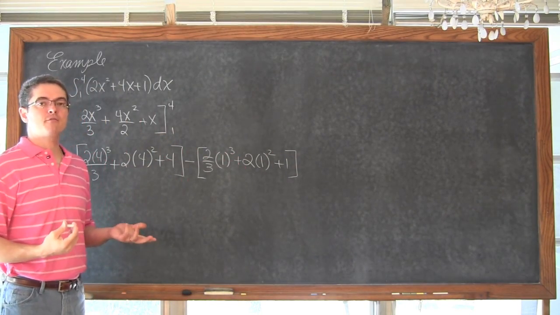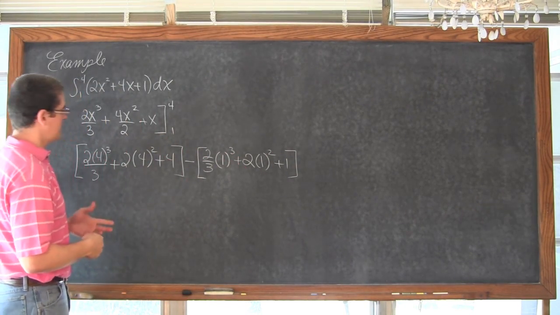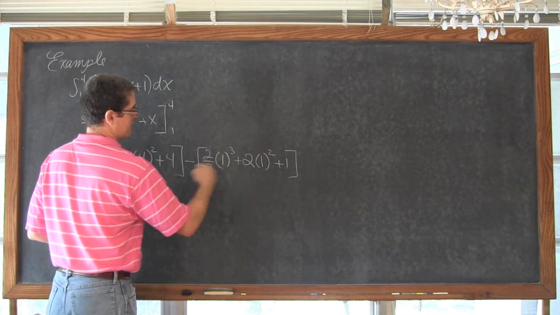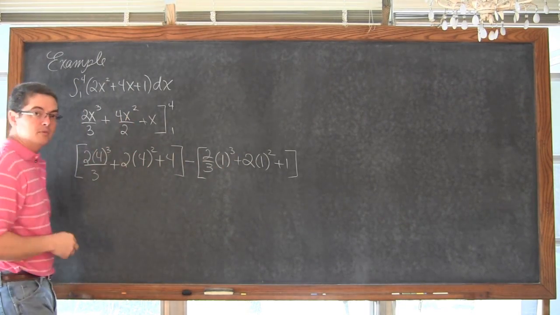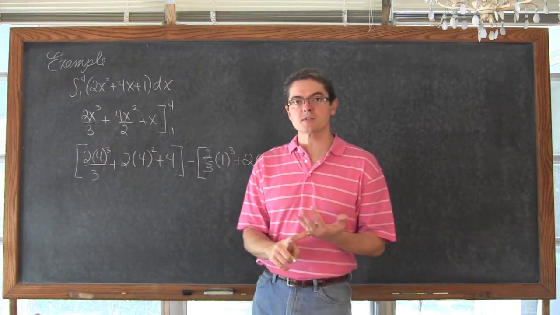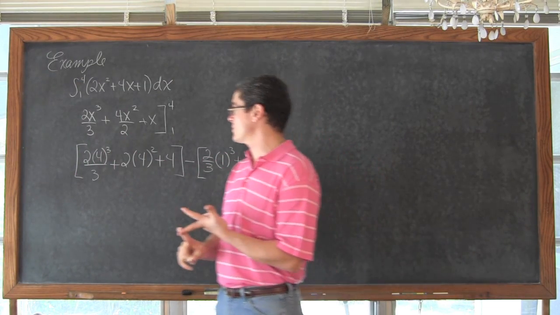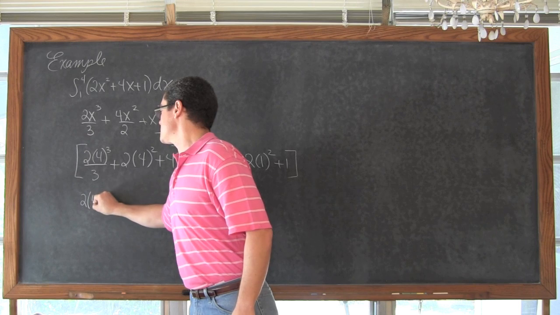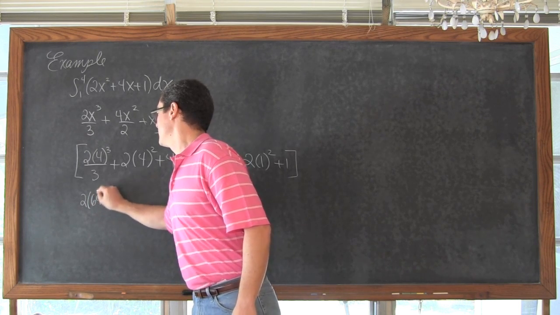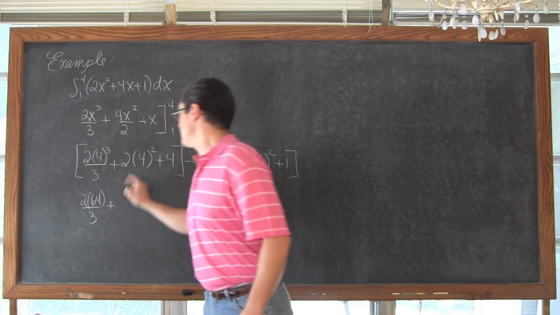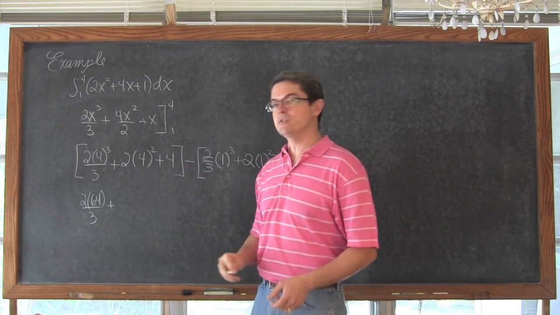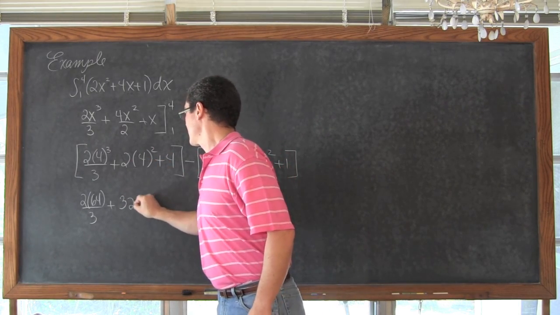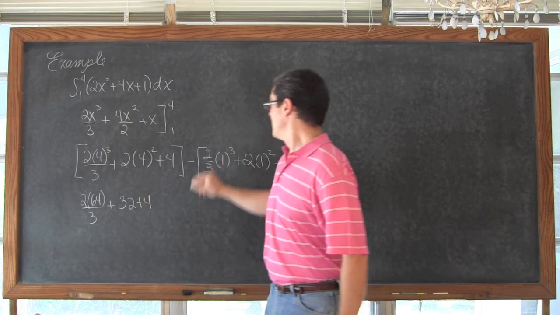Okay, so now I just have to be careful with my signs and make sure that I take this negative and distribute it through here. So we have 4 cubed. Now 4 cubed is 4 times 4 is 16 times another 4 is 64. So we have 2 times 64 over 3 plus 4 squared is 16, and 16 times 2 is 32 plus 4.